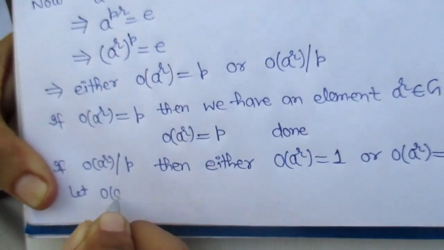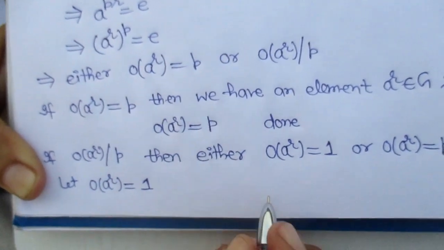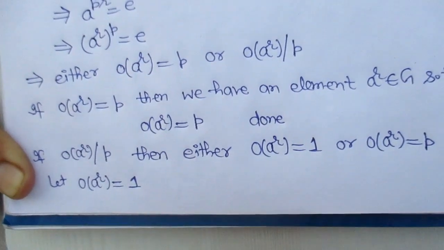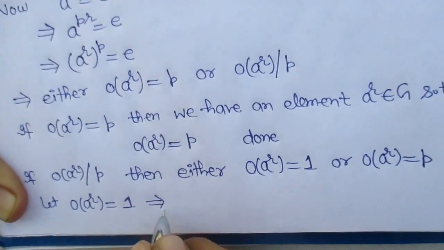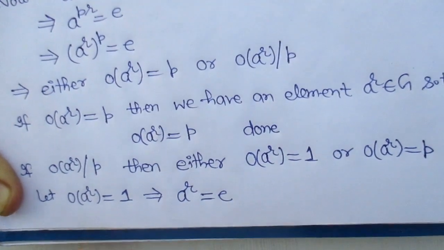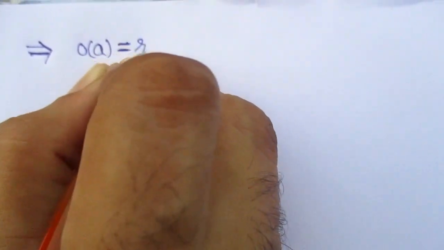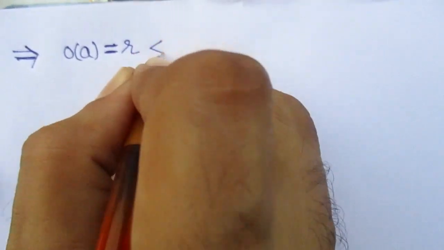Let order of a raised to power r is equal to 1. It implies a raised to power r is equal to identity. It implies order of a is equal to r less than m.